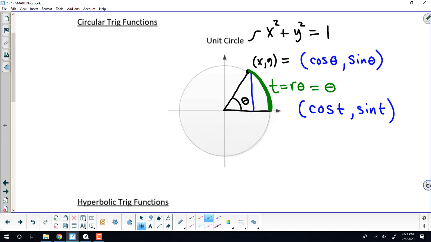And when we look at the area of that sector, anybody remember the formula for that? So the area was 1/2 r squared theta.